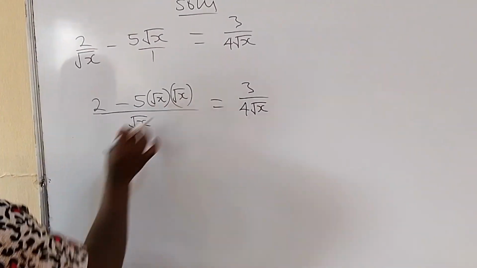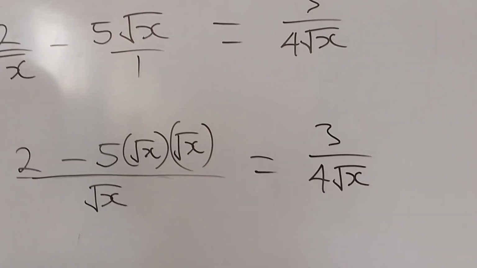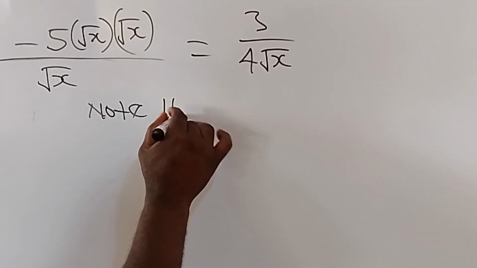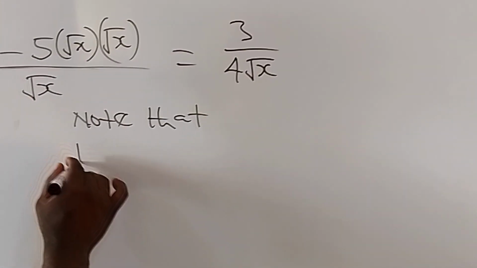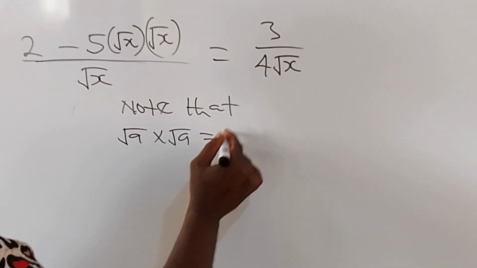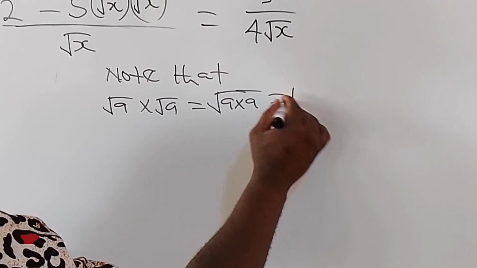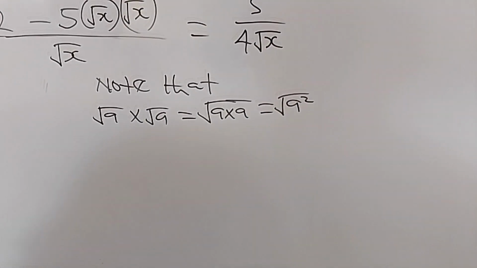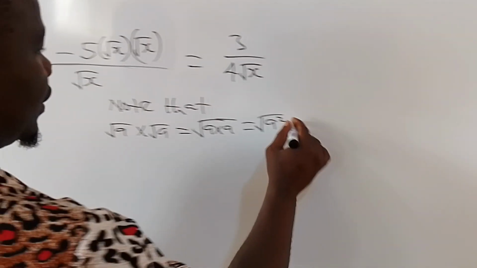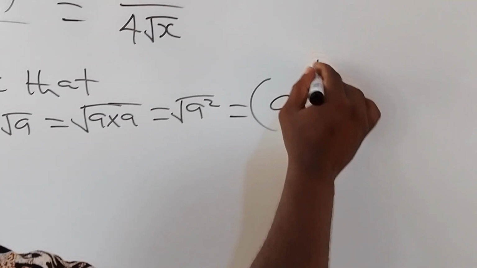Before we expand this or open this bracket, I want us to know something. Note that if we have square root of a times square root of a, this is the same thing as square root of a times a, which is the same thing as square root of a squared, true or false? So square root of a squared is the same thing as a squared, all in bracket, raised to the power 1 over 2.